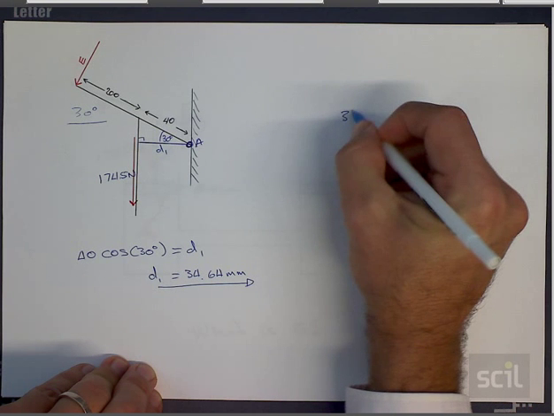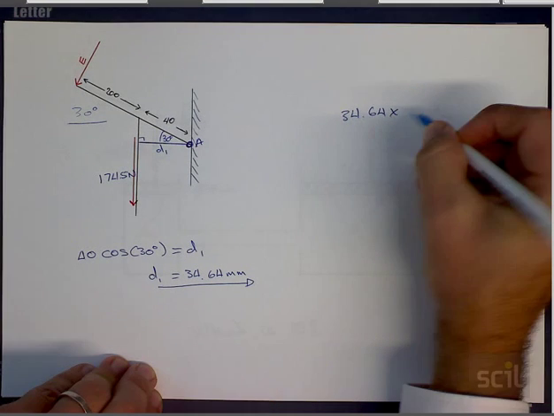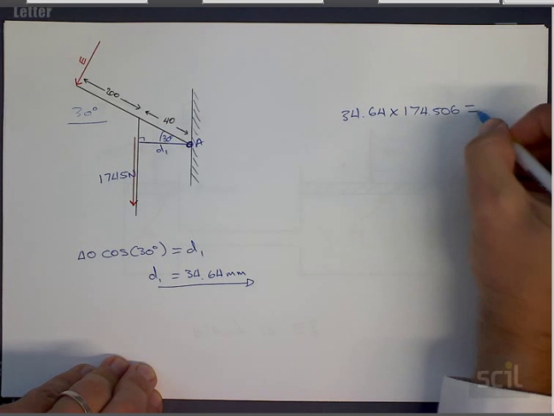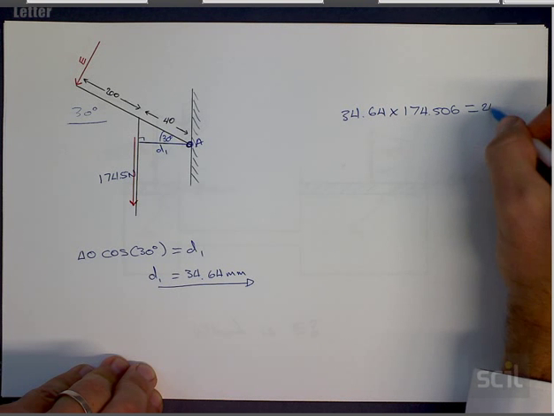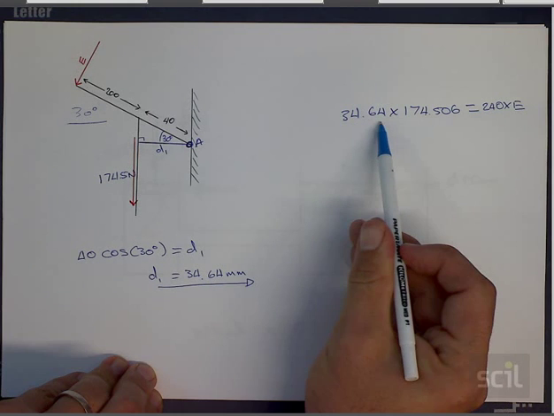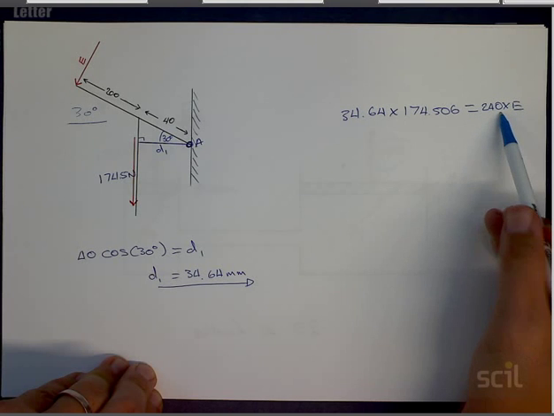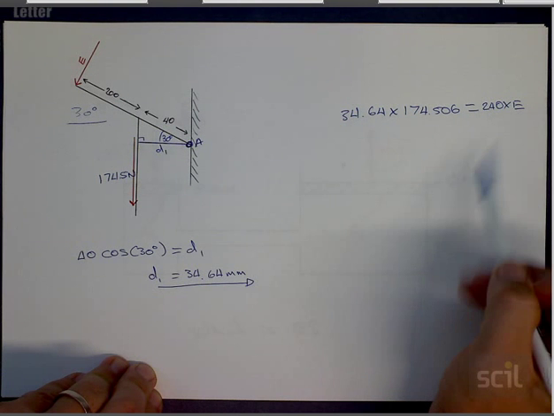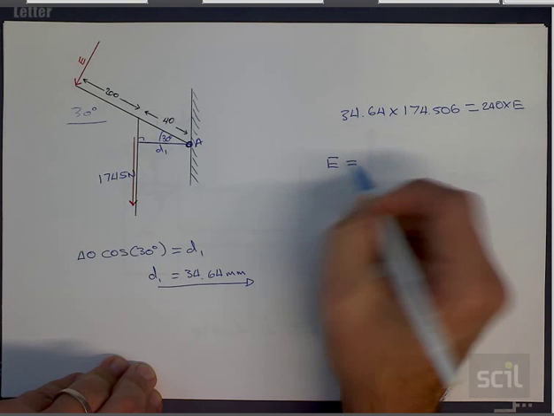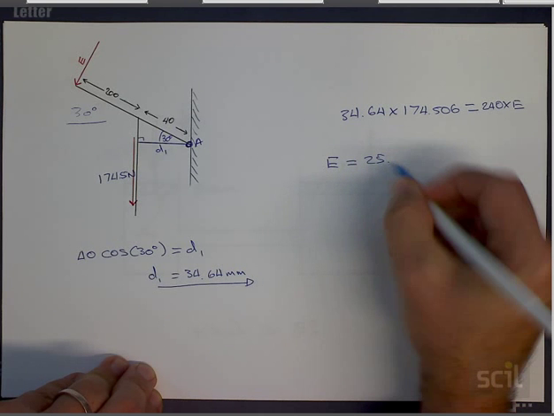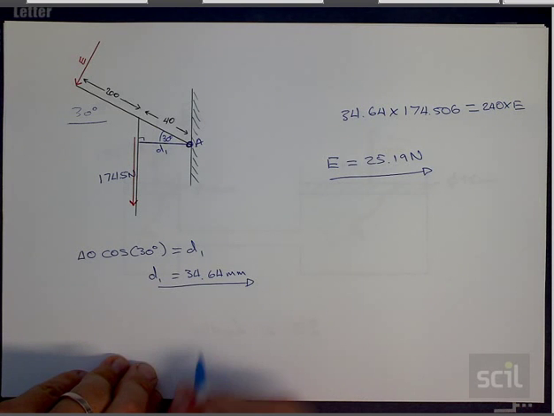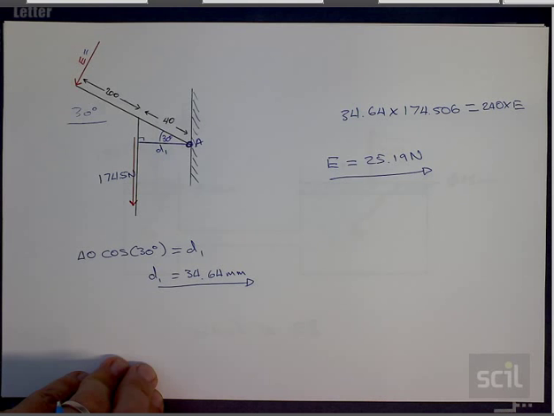So 34.64 times 174.506 must equal 240 multiplied by E. So it's that perpendicular distance by the force and the perpendicular distance of 240 multiplied by the unknown, which is E. And if you put that into your calculator, you quite clearly see that E equals 225.19 newtons. So that's the value over here that we're wanting to know at the end of the day.